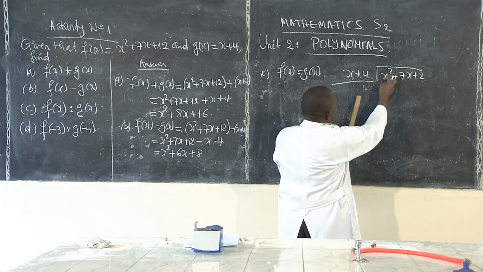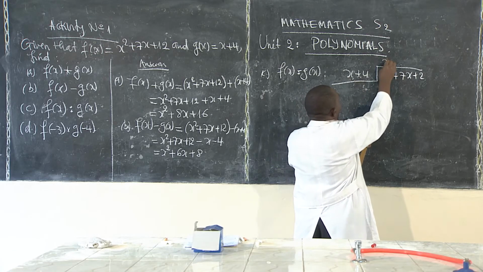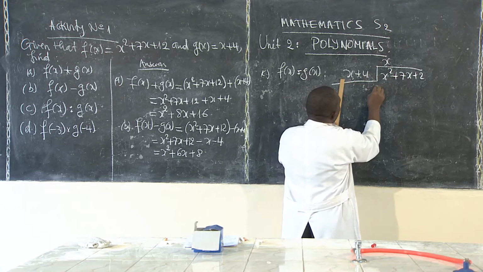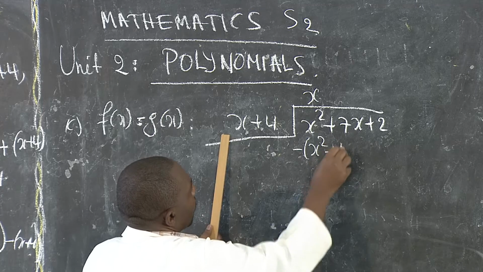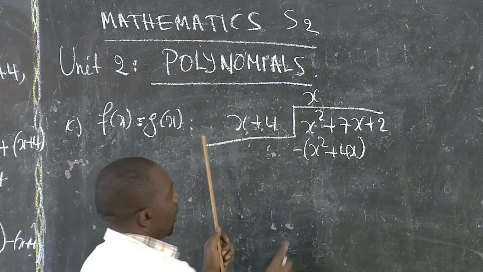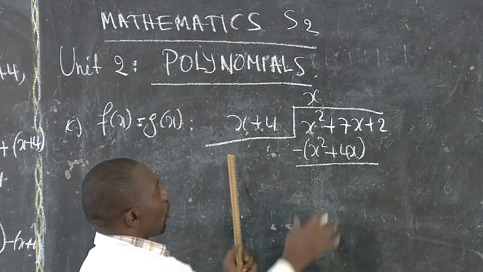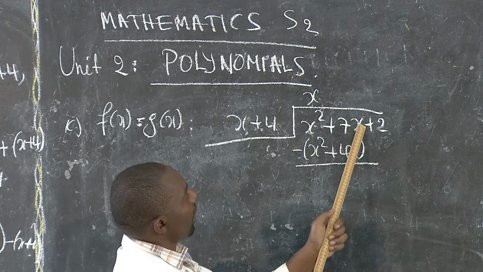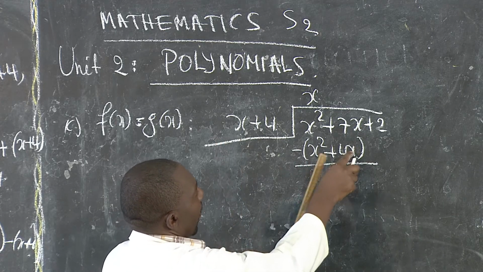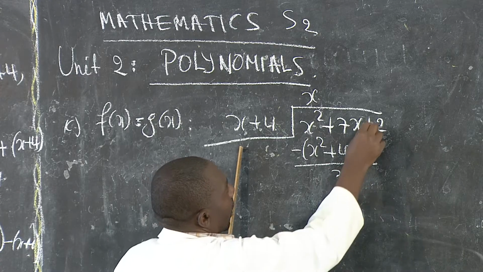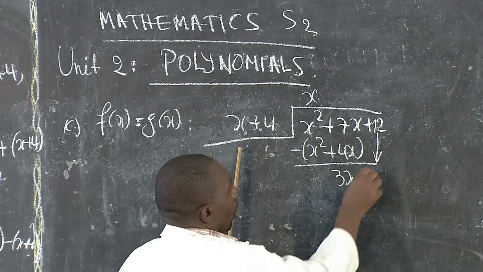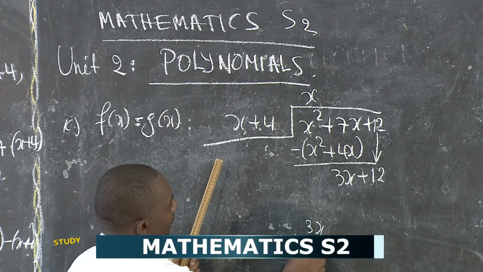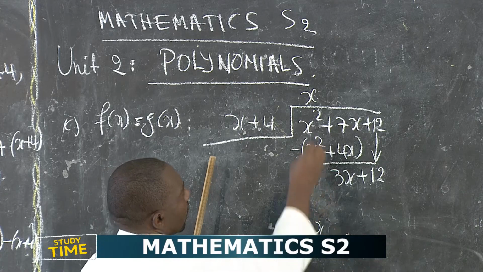I take x squared divided by x, I have x, then x times x plus 4 is x squared plus 4x. Then subtract this quantity from the dividend: x squared minus x squared is 0, 7x minus 4x is 3x, then I bring down 12.